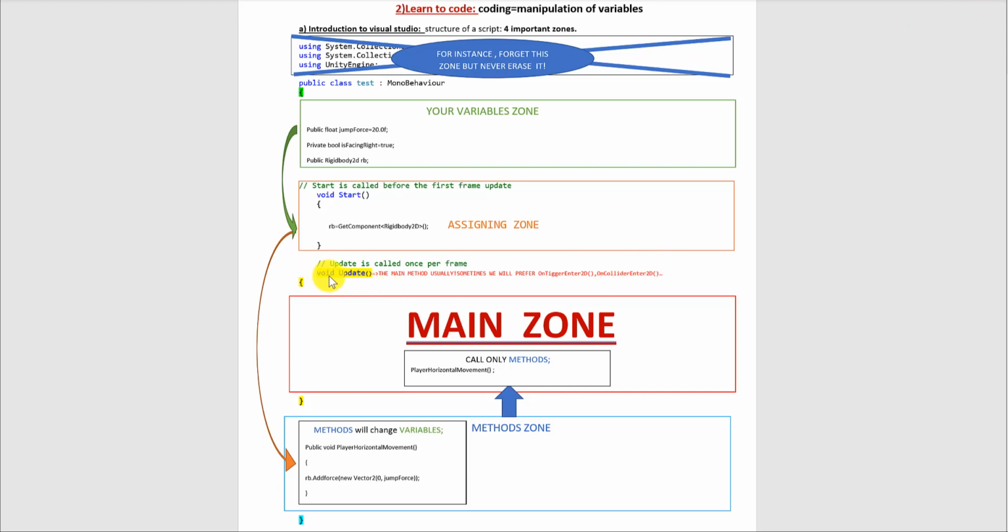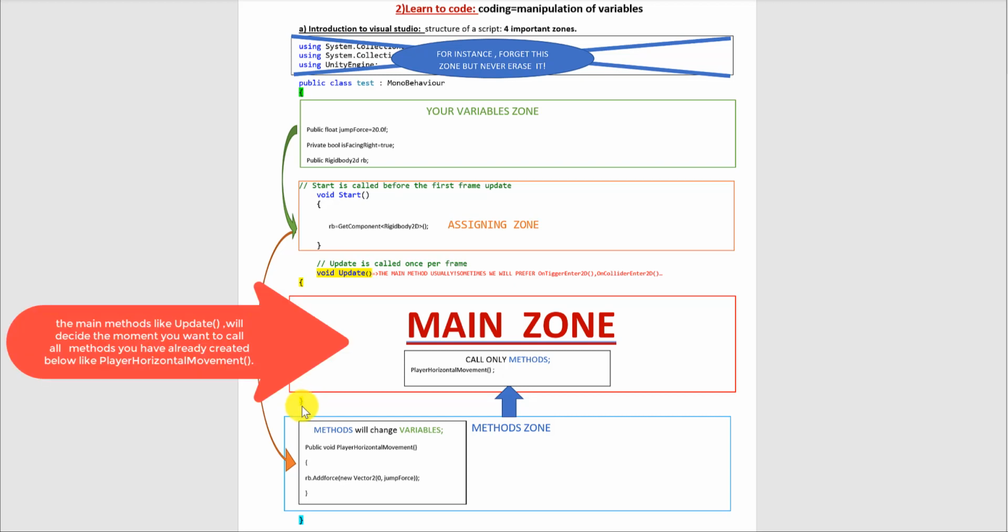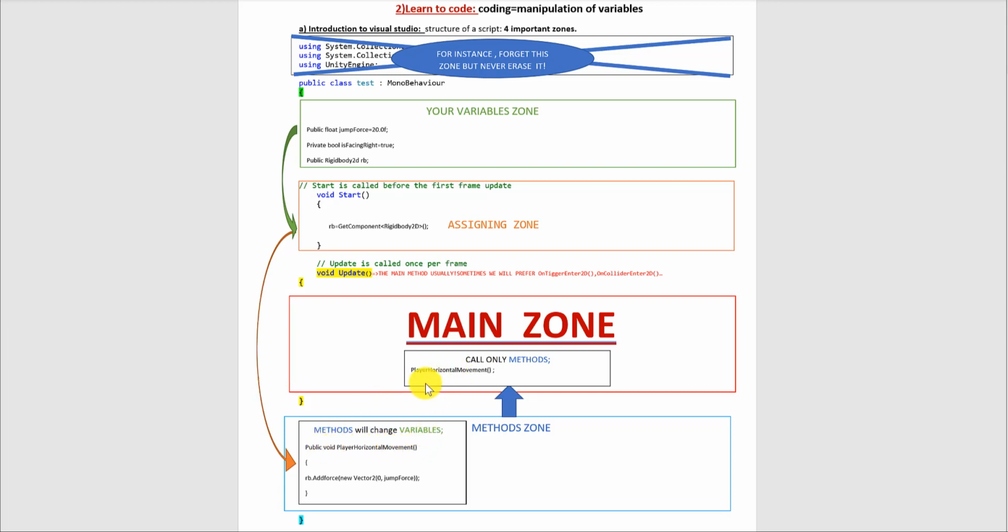Remember that the main zone starts just after the first bracket of the Update method and ends at its last curly bracket. It is between those two curly brackets that you have to call the method that we created just below, I mean PlayerHorizontalMovement.